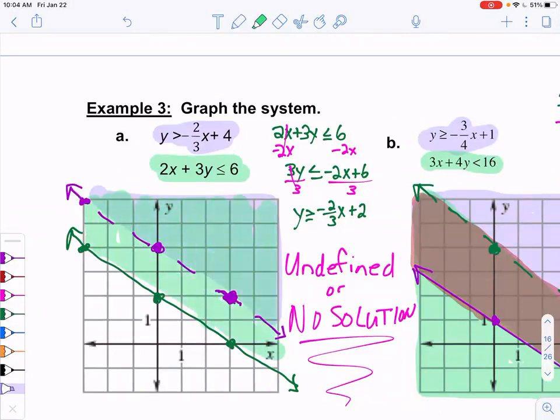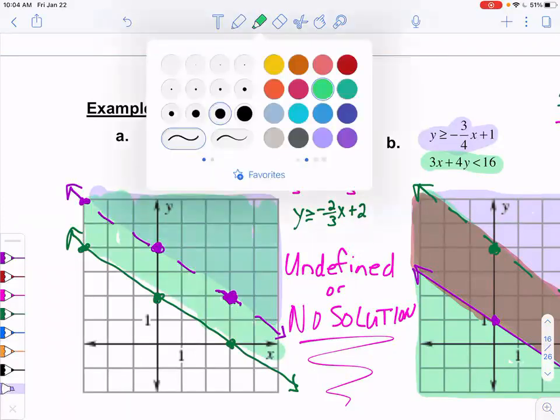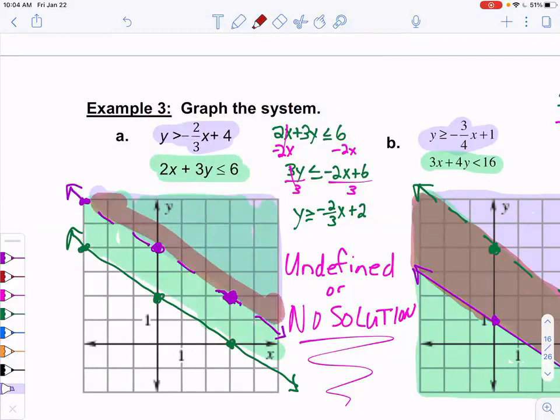If we have this side shaded, where is the solution? Where they overlap. And that's going to be the top part. Up here is where they overlapped. Does that make sense? So wherever they overlap is going to be your solution.